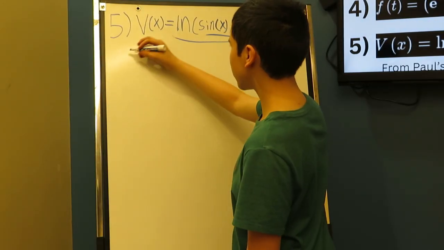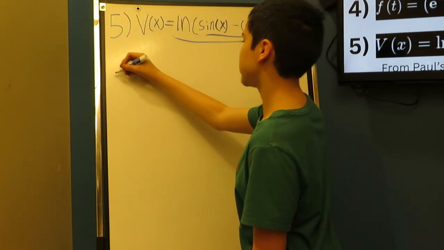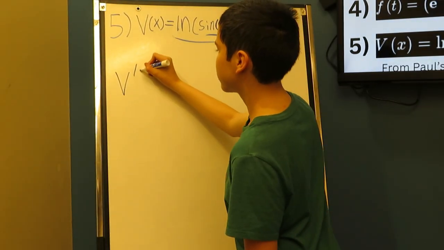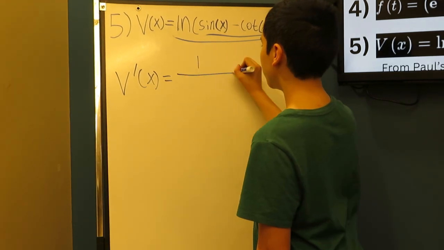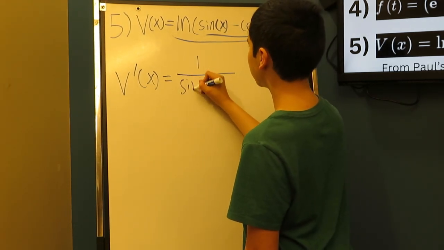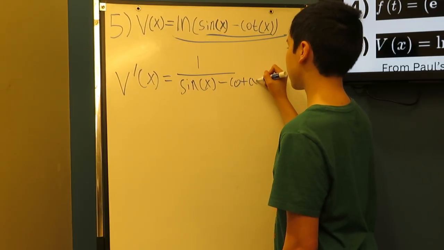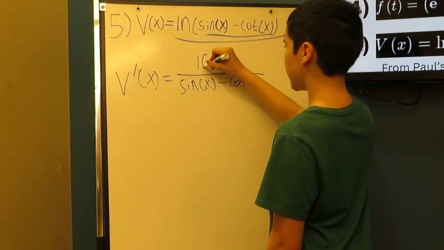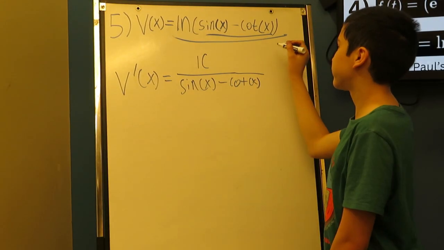Then, taking the derivative of this whole expression with respect to the inside expression, we get 1 over sine of x minus cotangent of x. Now we have to multiply by the derivative of the expression inside.